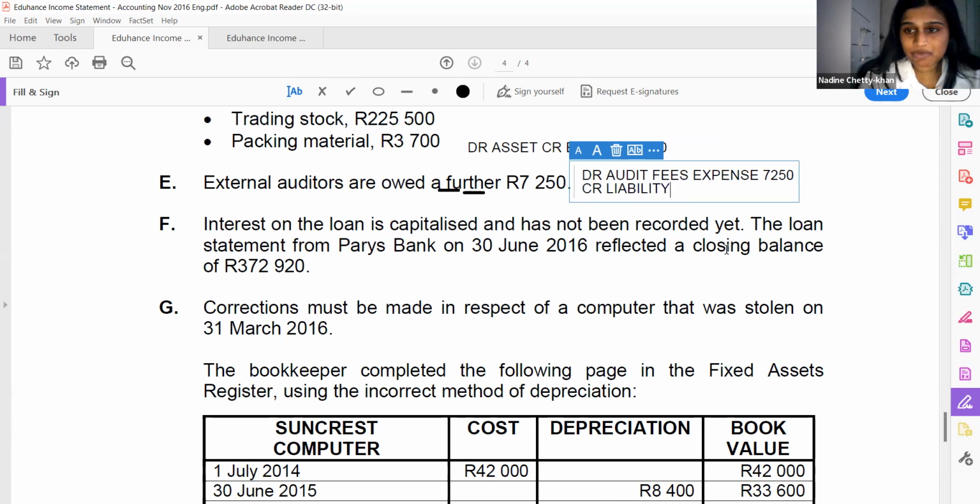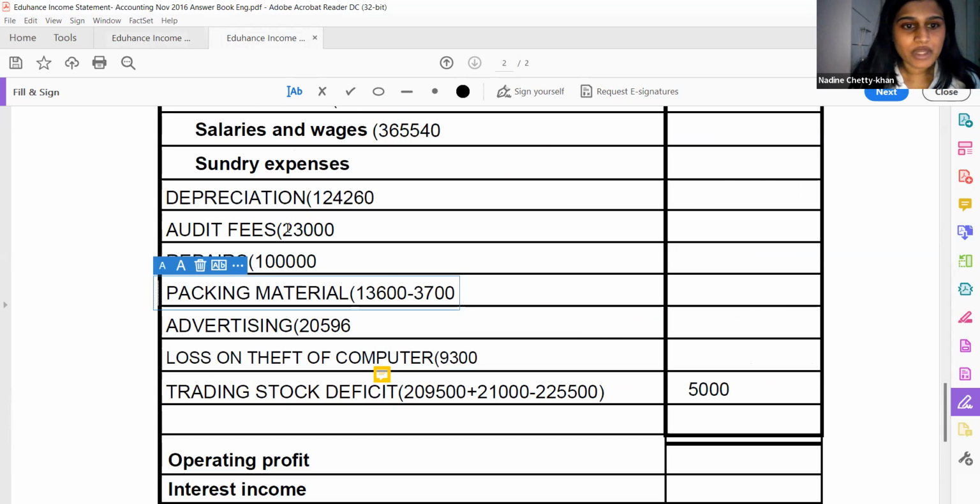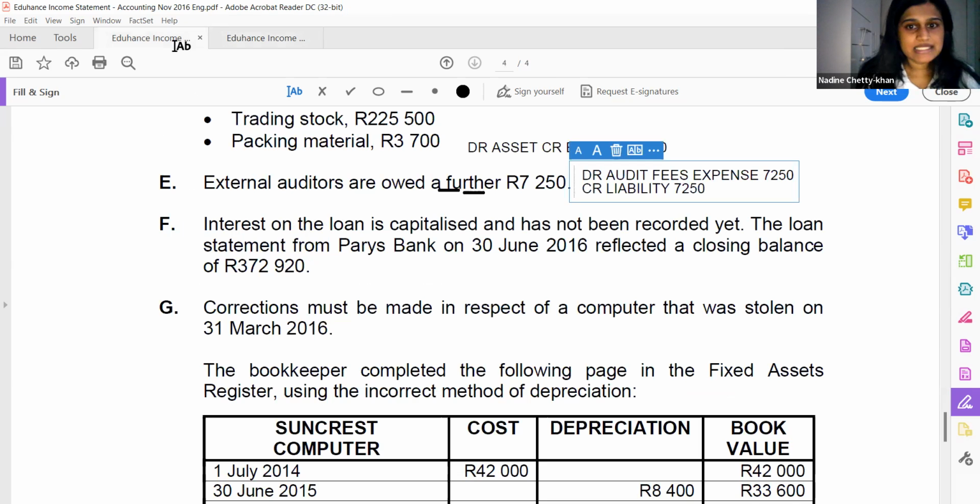Now, I don't know what's the name of the liability, but because you owe them the amount, you're going to credit a liability. Now, you're debiting an expense, which means you need to increase an expense by 7250. Well, we already have an audit fee expense. So what we're going to do is just add to it 7250. Great. Nice, simple, to the point. If you know your journal entries, you will know that one.